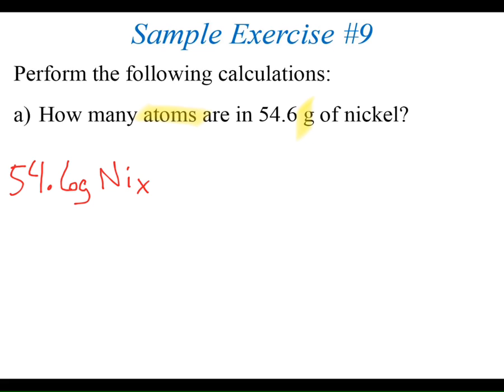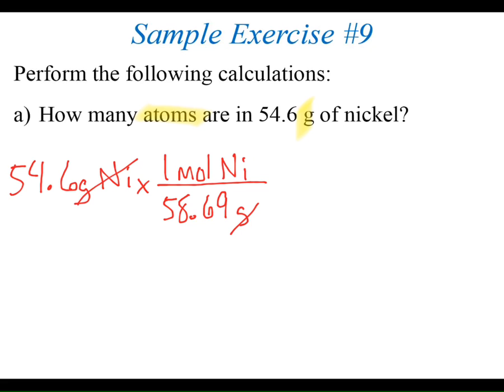So I have 2 possible tools in my tool belt. I can use the molar mass tool, or I can use the Avogadro's number tool. Well, I'm starting with 54.6 grams. Grams is a mass, so whenever you use mass, what do you use? Molar mass. So find the molar mass of nickel. What is it? No, nickel. 58.69? Okay, will that go on top or bottom? 58.69 grams on the bottom is 1 mole of nickel.